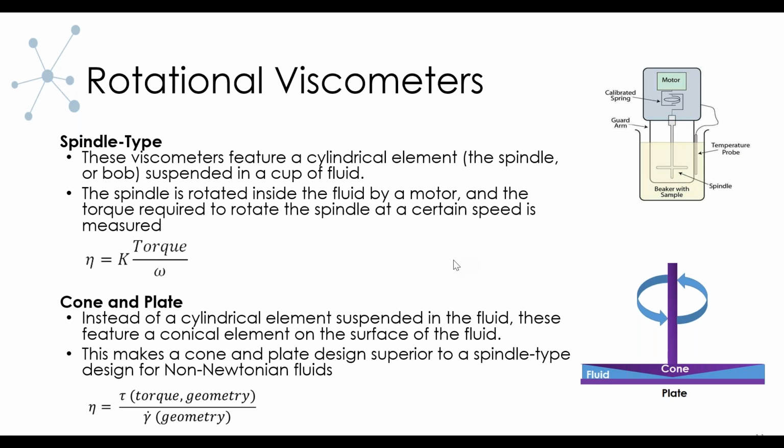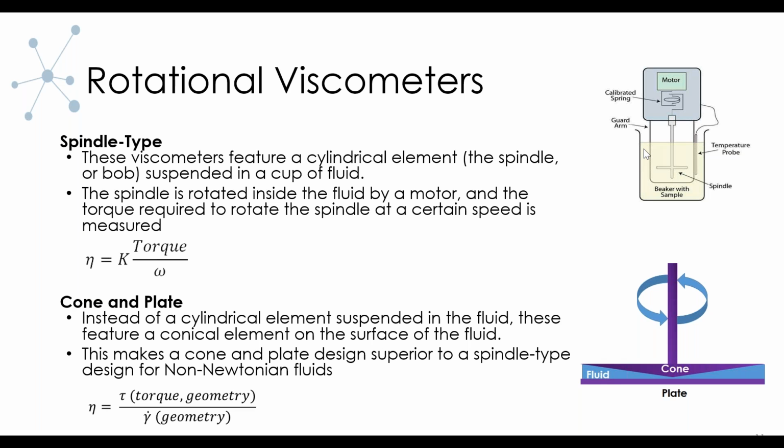The next evolution of rotational systems is the cone and plate. With the cone and plate, you are actually able to get true viscosity. That is done by knowing the dimensions of the cone and plate and how much interaction there is with the fluid. With spindle-based systems, the geometry isn't exactly known, so you're not able to accurately estimate shear rate.